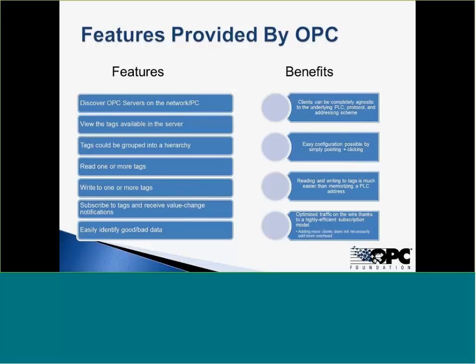If you look at it from a feature set of what we've provided by OPC, Scott demonstrated how easy it is to discover an OPC server on a network, how easy it is to see the tags and the capabilities in the server, how easy it is to group some of these tags and be able just to click on these things and decide how to read and write more than one tag in a simple thing.